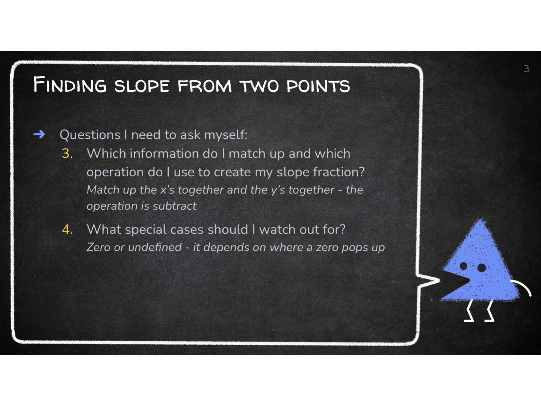The special cases you should find out for is if it's 0 or undefined. So if it's 0, the 0 is going to be on top. If it's undefined, your 0 is on the bottom.